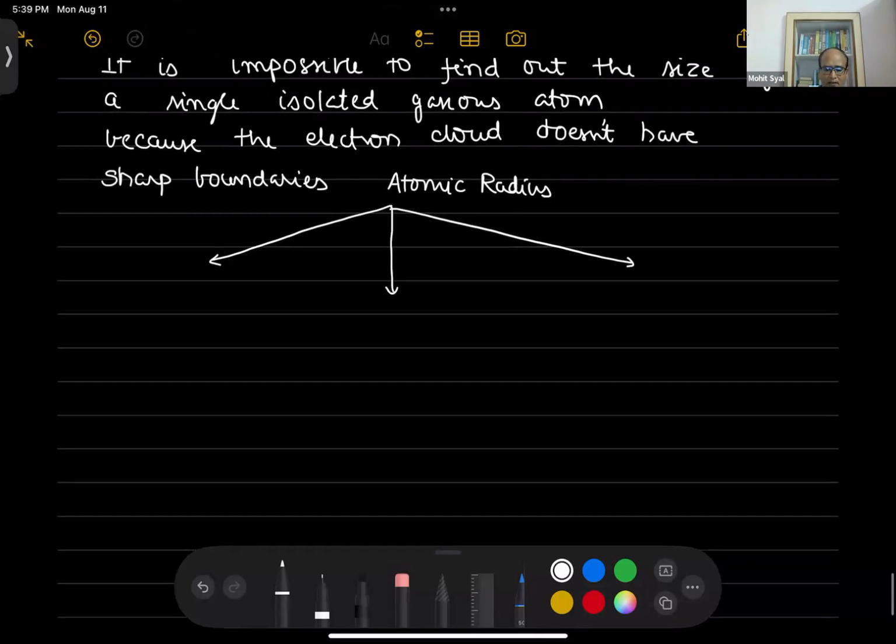Basically, there are 3 kinds of radius: covalent radius, metallic radius, and van der Waals.